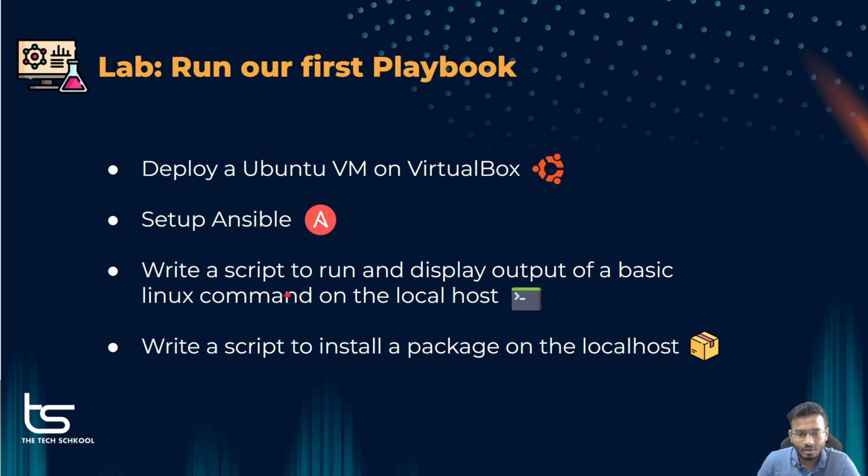We are going to write our first script to display output of a basic Linux command on the localhost. It's as simple as that, but we are going to use Ansible to display that command output. And secondly, we are going to write a script to install a package on the localhost using Ansible inside the Ubuntu VM. So let's begin.